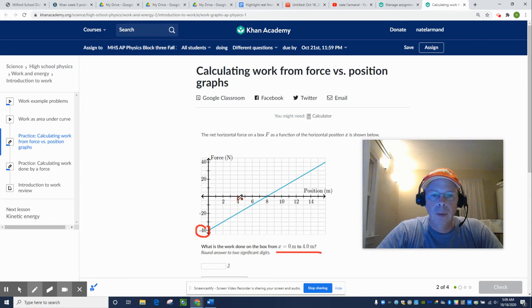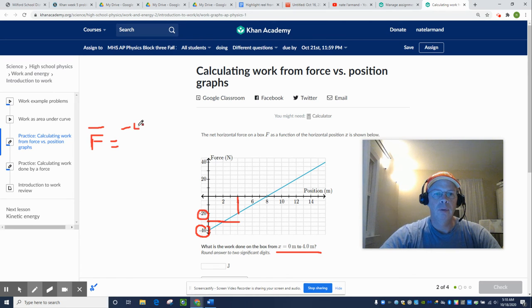Let's see. So this is in fact the interval. And here's the trick. We go from negative 40 to negative 20, but you can pretend that you stay at negative 30 the entire time. So that's the average force. As long as the force changes linearly, at a constant rate, the average force is negative 40 plus negative 20, all divided by 2.